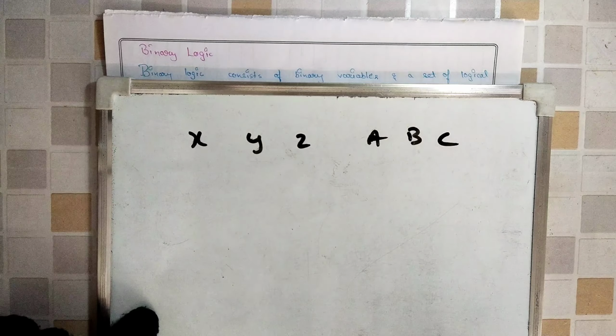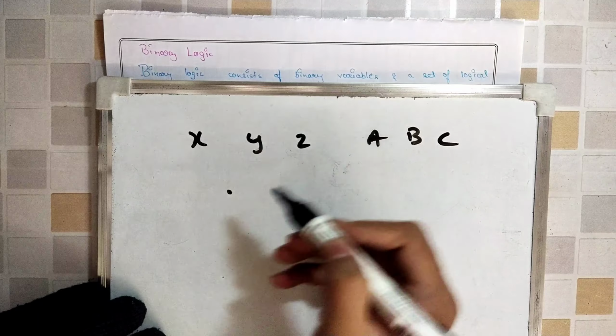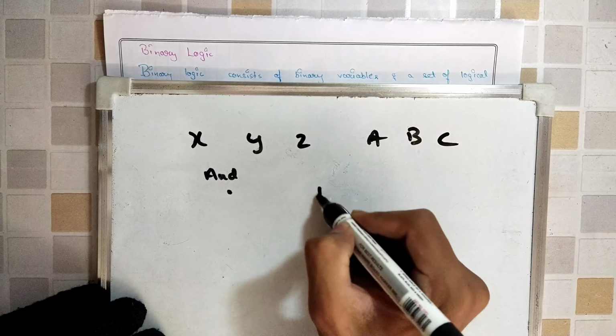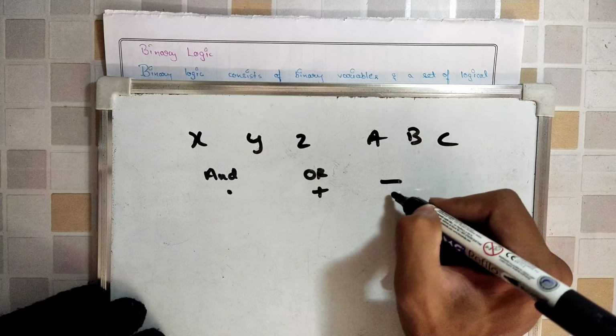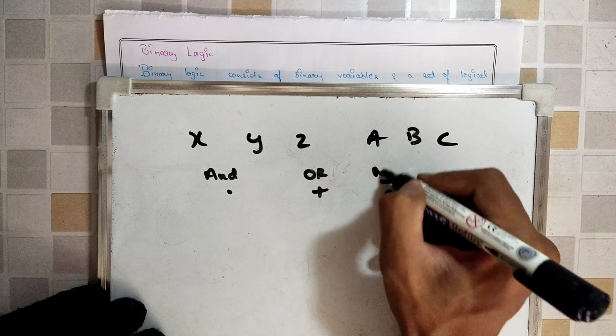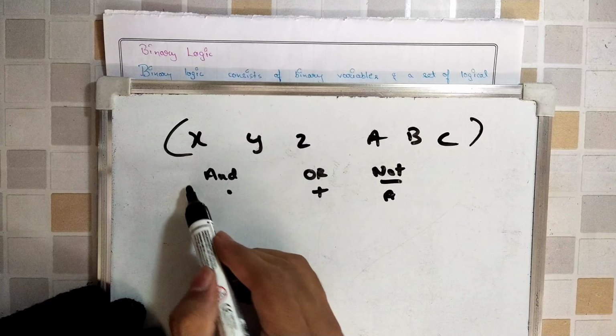You would have come across some logic operations. This dot is for AND, this is OR, and a bar on any particular letter, suppose a bar, that is NOT. So these are the variables and these are the operations.